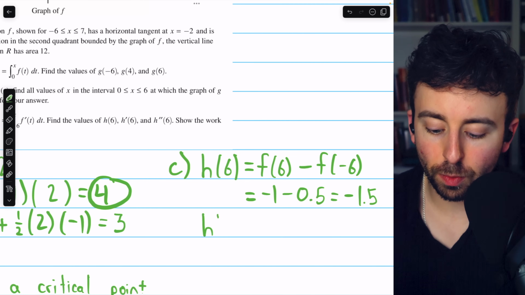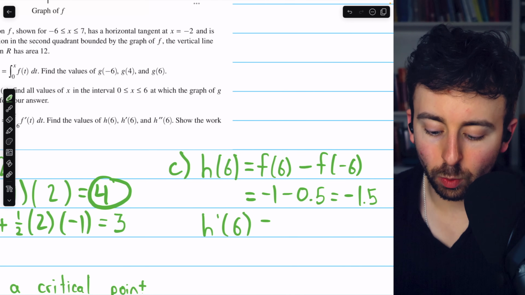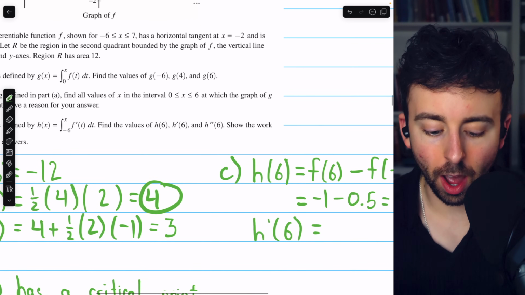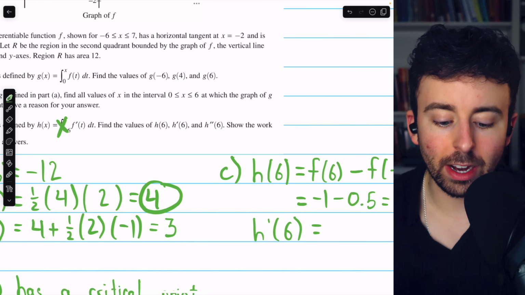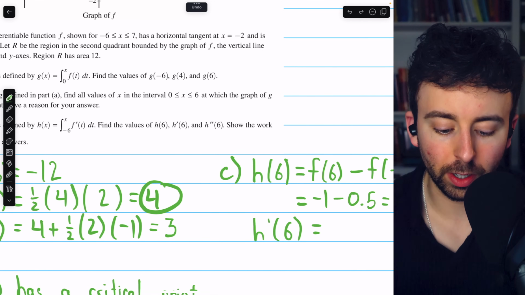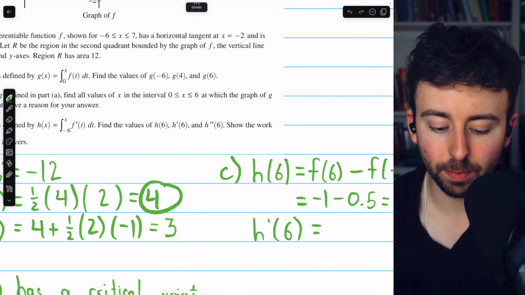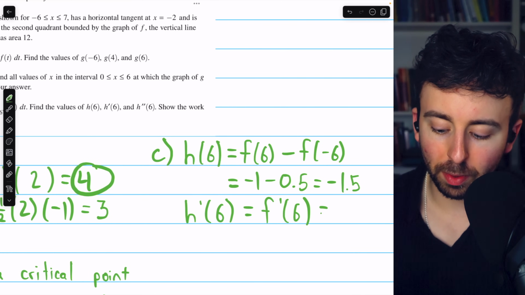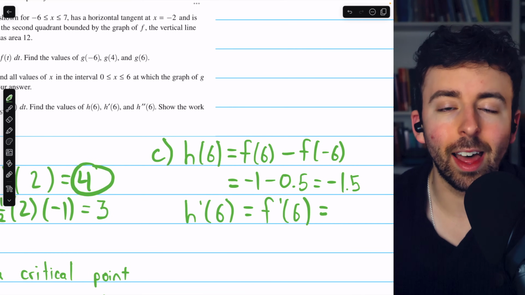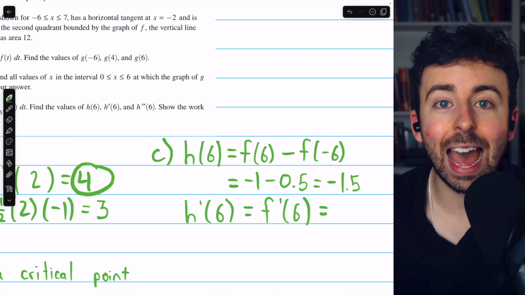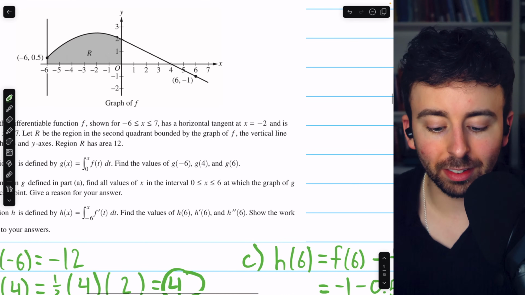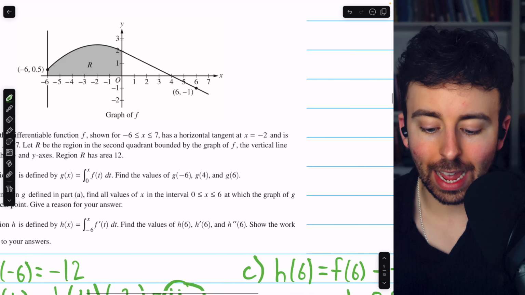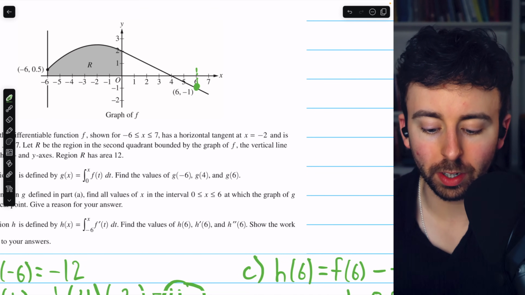Now, what about h prime of 6? Well, the derivative just undoes the integral, so h prime of 6 is actually just going to be f prime of 6. h prime of 6 equals f prime of 6, and f prime of 6 is the slope of the line tangent to f at x equals 6. So let's look at the graph of f, and at x equals 6, we are over here.